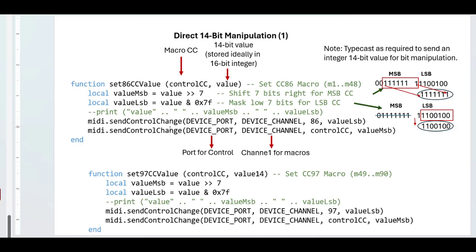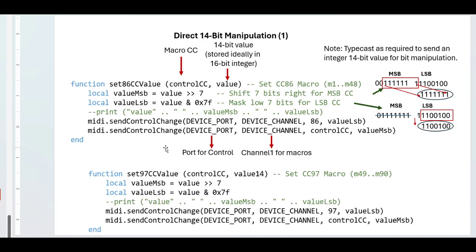And then I have, fortunately, in my Lua MIDI library, a function send control change. And that takes a device port, which would be either my USB port or my DIN port in this case. It takes a device channel. That's going to be channel 1 for us sending the macros. And then it takes a CC and the value of that CC.